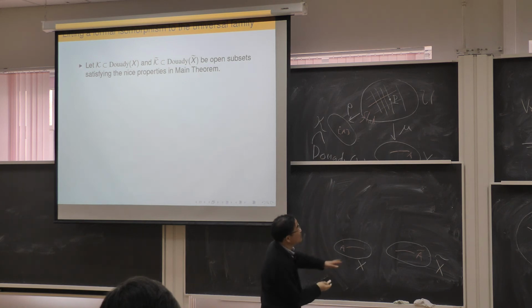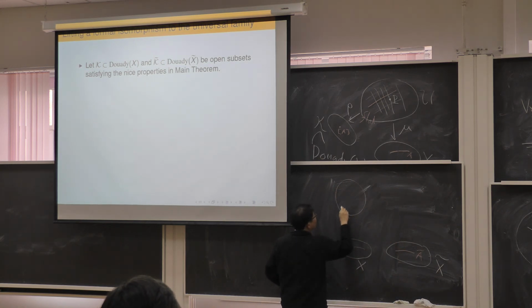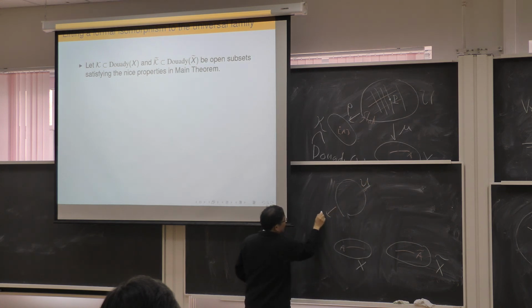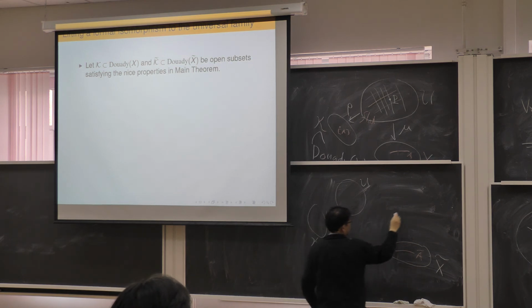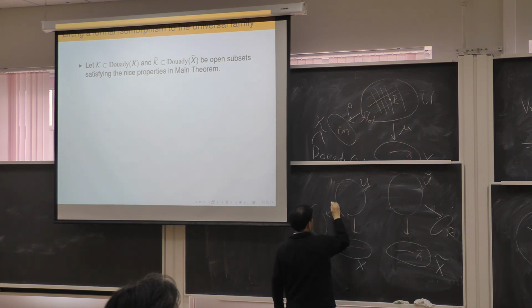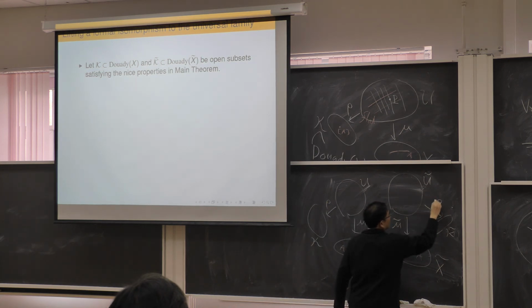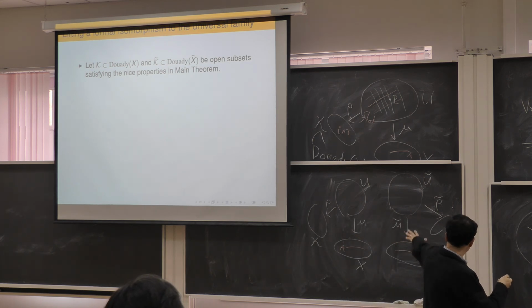And then we have the corresponding universal family U, K, and so you have these two universal families of duality spaces.